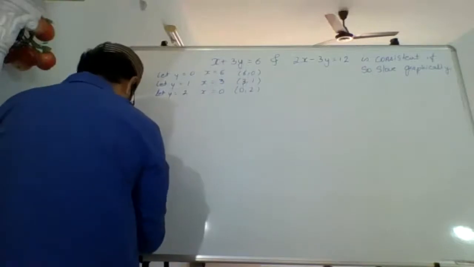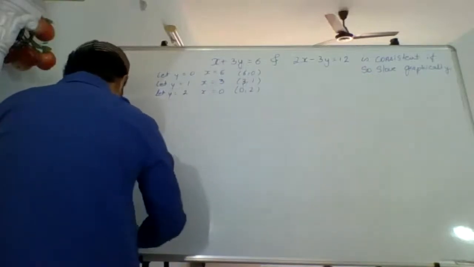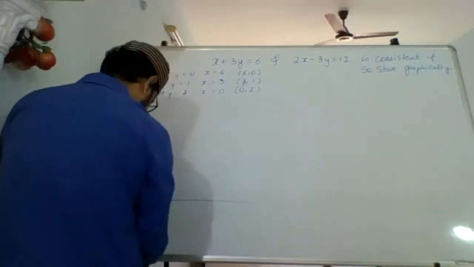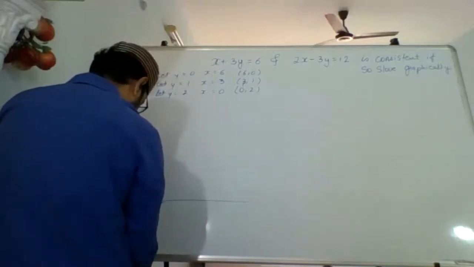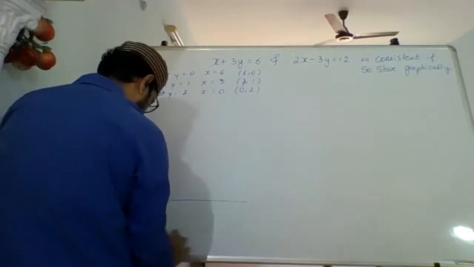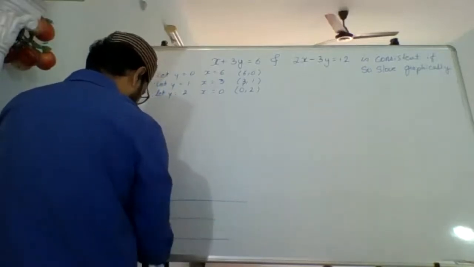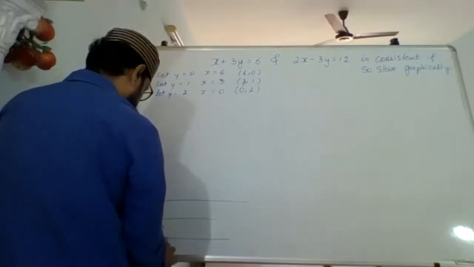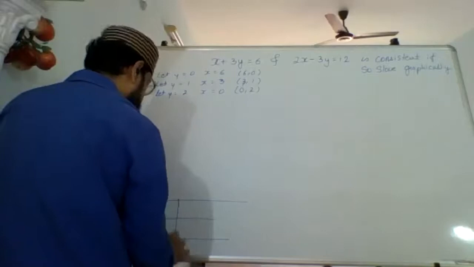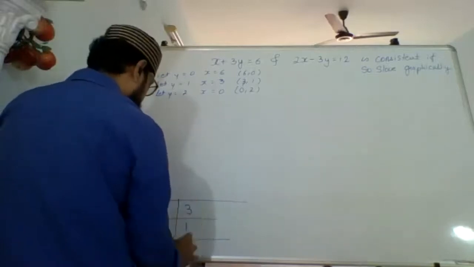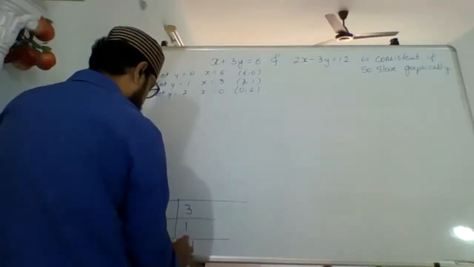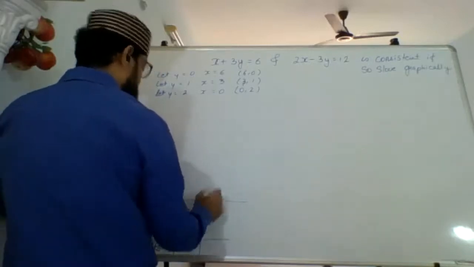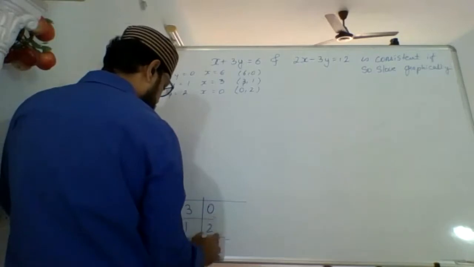If I put that in a table, with x and y columns, here it would be 6, 0; 3, 1; 0, 2.